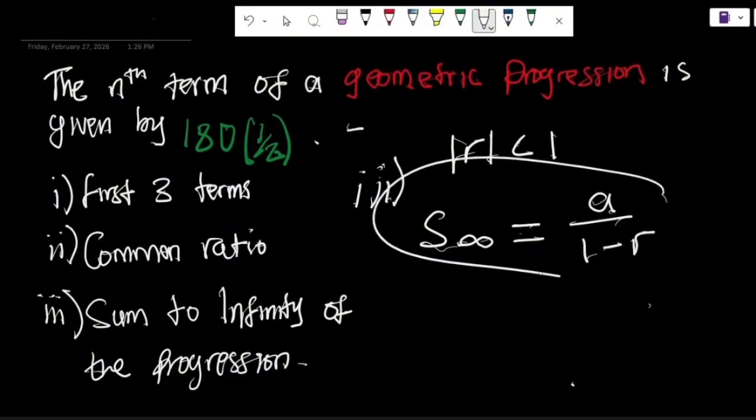This is an important formula that you need to remember. So all we have to do is plug the values into the formula to get the sum to infinity.